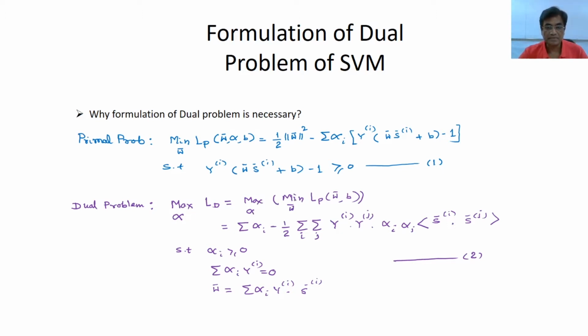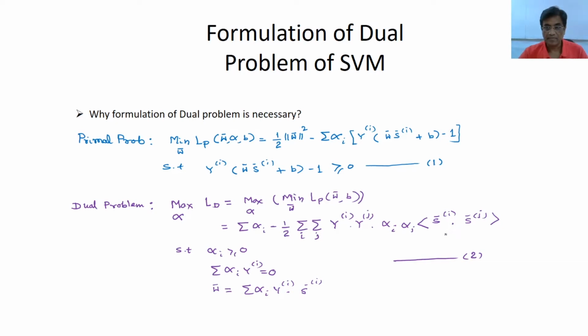This is the same as minimizing LP over W. You have already solved this. Putting the value of W, you differentiated with respect to W, and then with respect to B. So there were these two conditions. Earlier we have done this and solved it perfectly, right? And the solution was of this form.